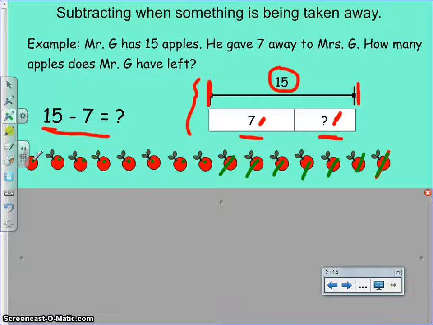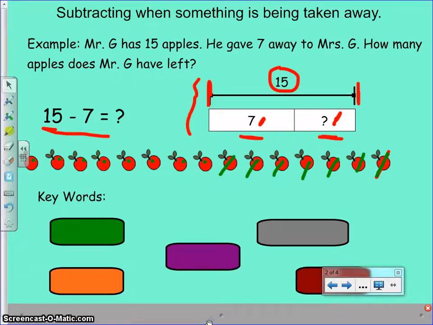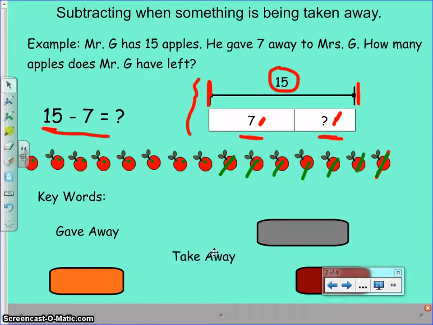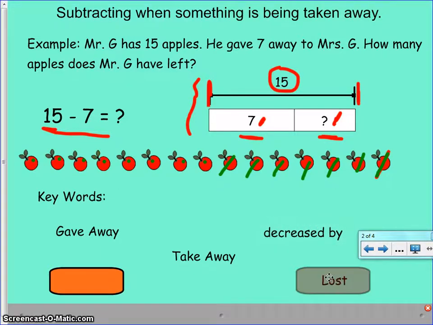And here's some key words when looking at subtraction word problems to help you know that you are supposed to be subtracting and not adding. Some of those key words are gave away, because you're giving something away. Take away. Decreased by, lost.